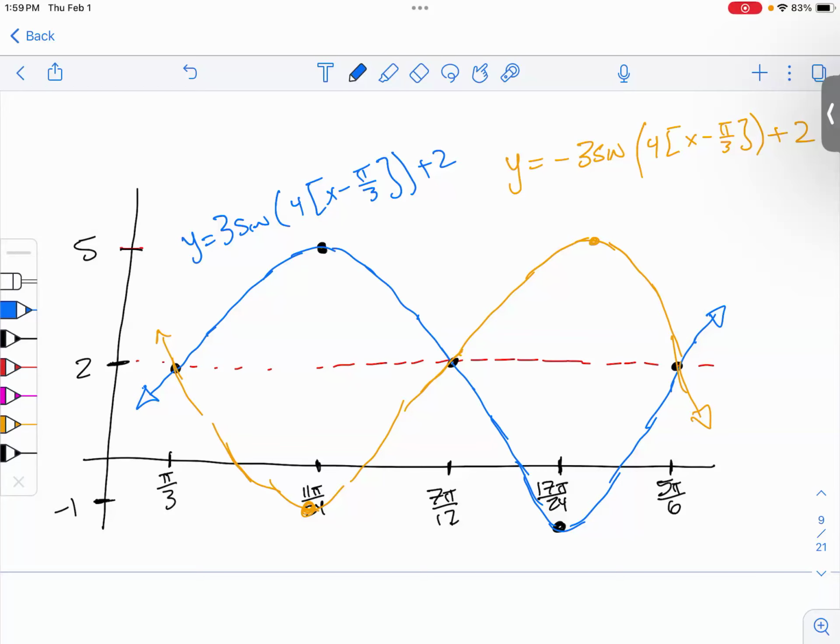Okay, so I'm gonna keep sine on there. And then this is the downside.